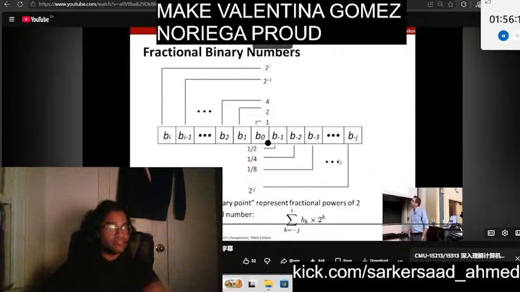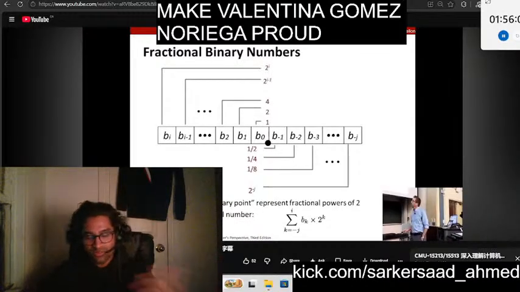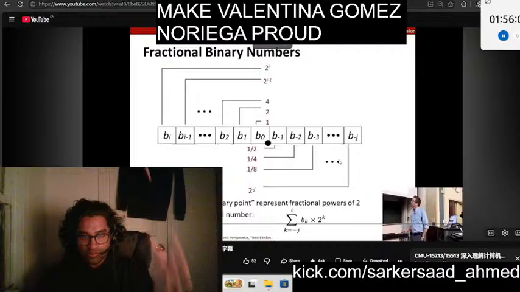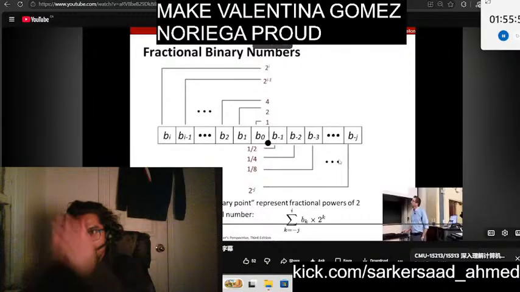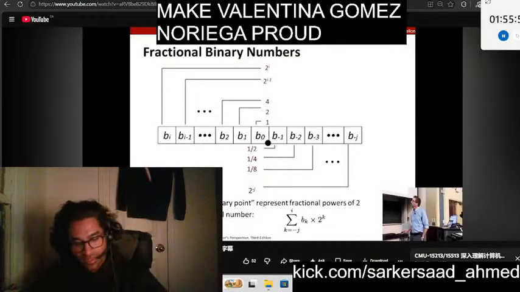When you look at a binary value, you're going to have 2 to the power 0, 1, 2, 3, 4, 5, and so on. From the back, you're going to have 2 to the power 0, 2 to the power minus 1, minus 2, minus 3, minus 4, and so on and so forth.